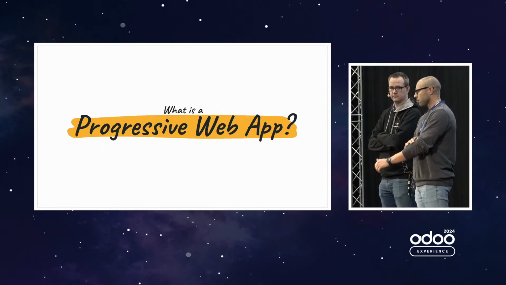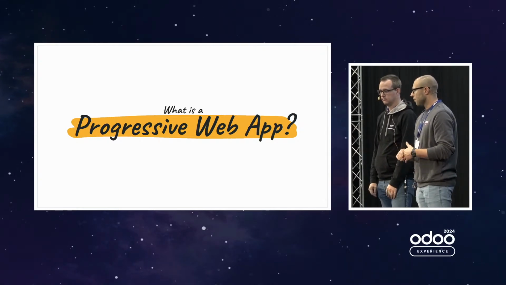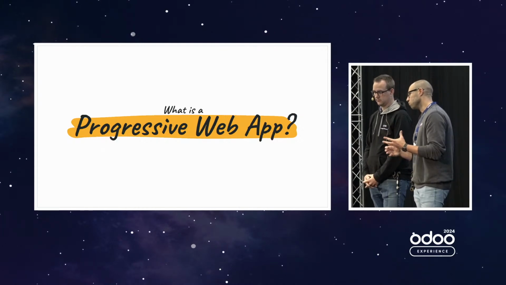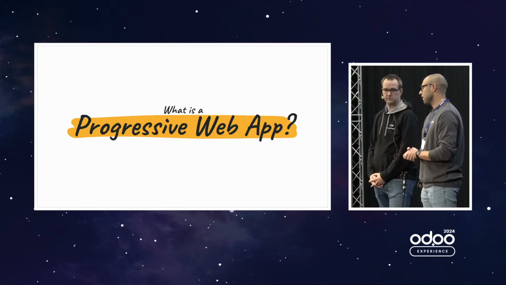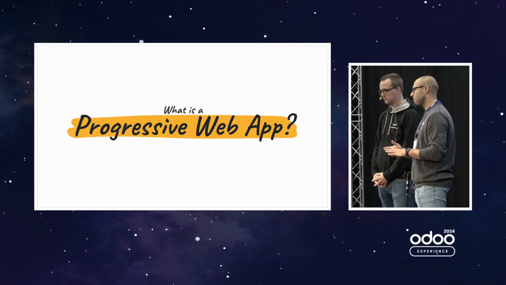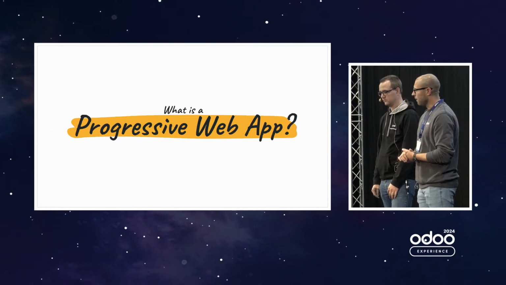Progressive web applications combine the best features of both web and native applications, of course, to give the best user experience possible through the browser without having to install any application from an app store.